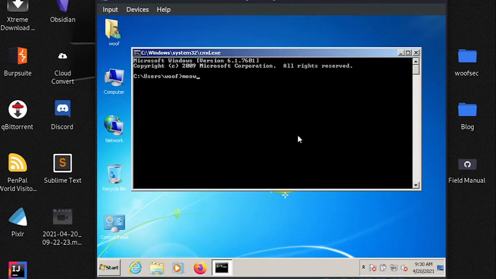Woof is the administrator and meow is some other low privileged user. Now let's say that you need to access the system as meow while staying as woof. So you are woof but you need to pose as meow to the system, and the way Windows handles that is by something called impersonation. Impersonation is when you take someone else's access token and use it to impersonate the other user.